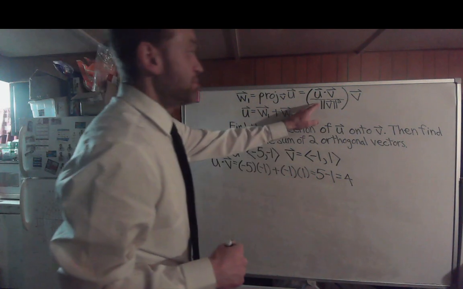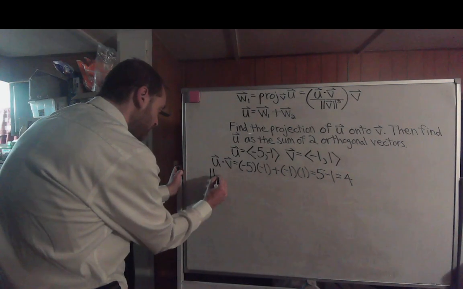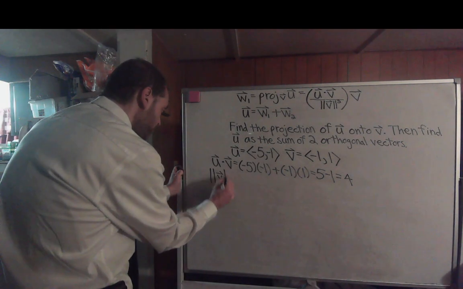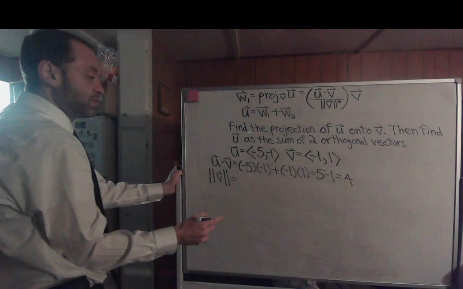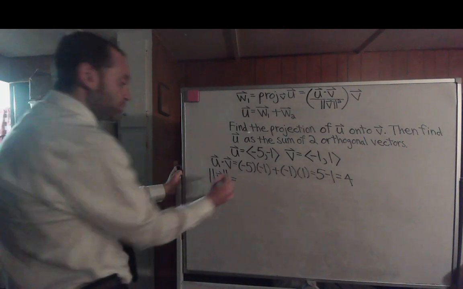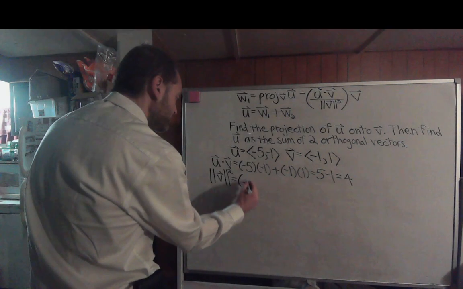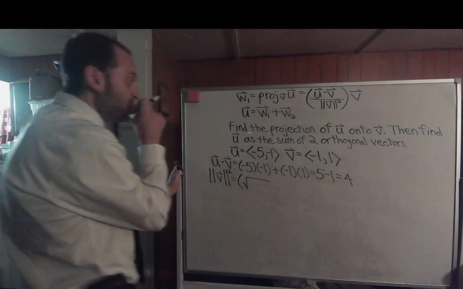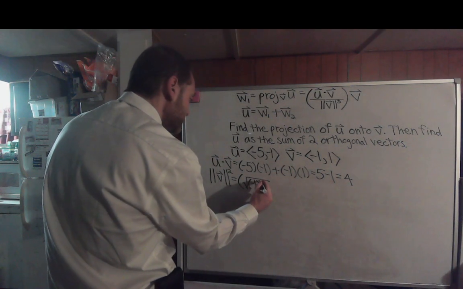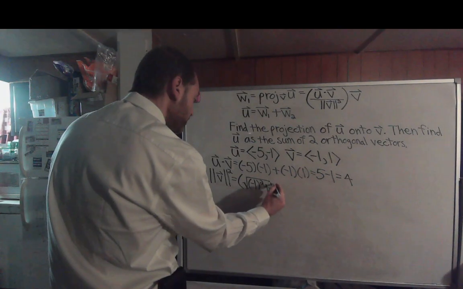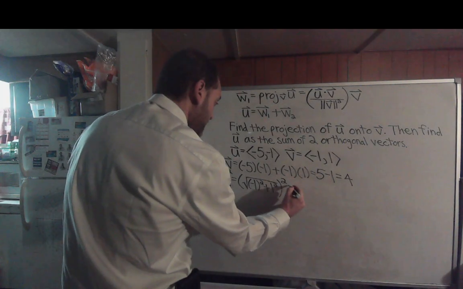Now we need to find the magnitude of vector v raised to the second power. So the magnitude of vector v raised to the second power is going to equal the quantity of the square root of, so your components of vector v, that would be -1 raised to the second power plus 1 raised to the second power, all that raised to the second power.